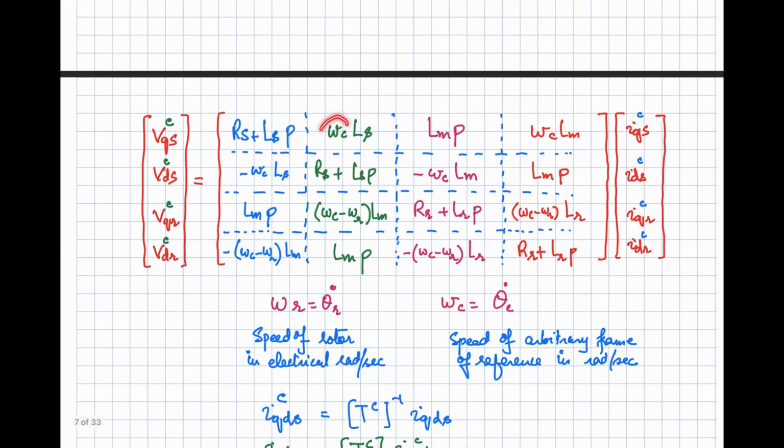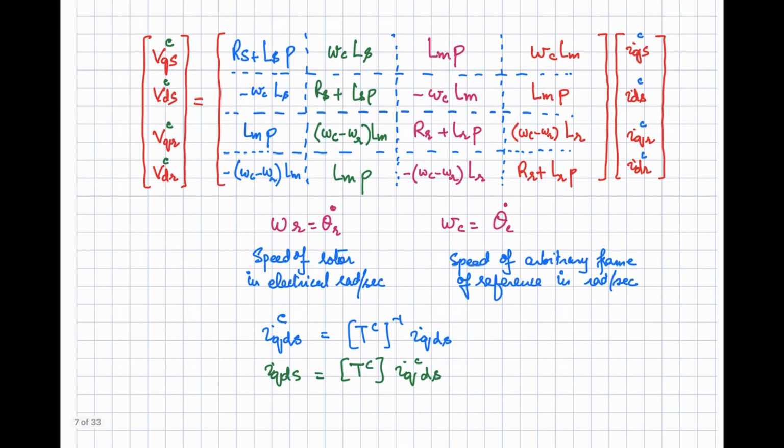Now over here, just look at this part. This omega c is the speed of the arbitrarily rotating frame of reference, right? And this term omega c minus omega r is basically the difference between the arbitrarily rotating frame of reference and the speed of your rotor omega r.